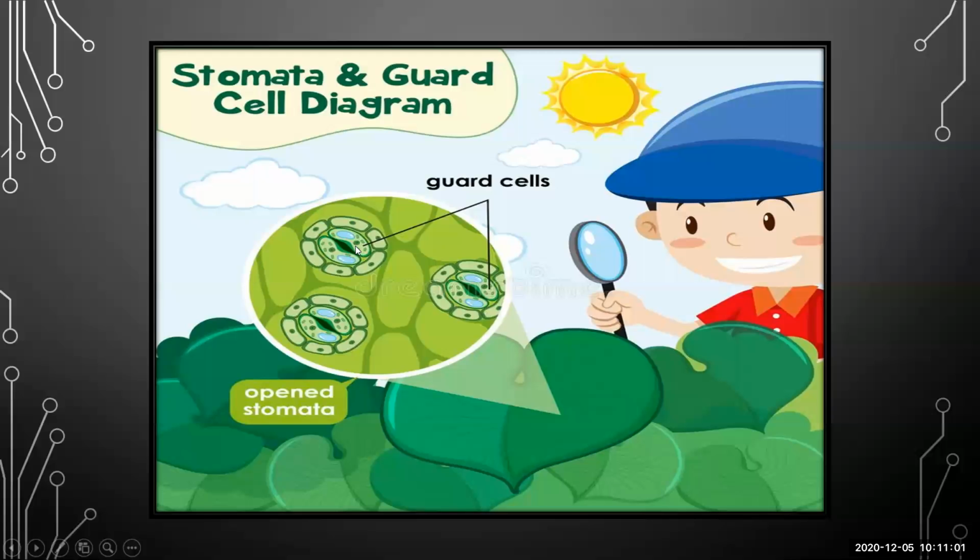It will be open during the day and closed during the night, so that the xylem will compensate for the loss of water. There is also gaseous exchange with the help of the stomata. The carbon dioxide and oxygen gaseous exchange takes place, and other inorganic substances are also exchanged through the stomata.